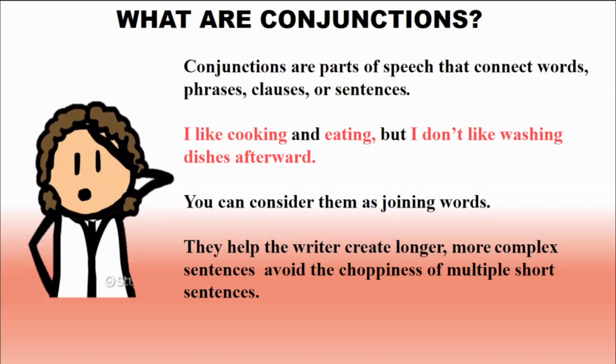Right. So here you can see a sentence. I like cooking and eating. So normally when you like two or more things, you use and. So what is your hobby? My hobbies are playing cricket and playing games or watching movies.